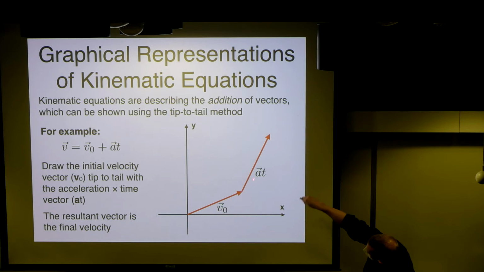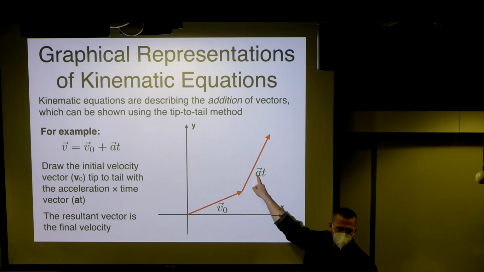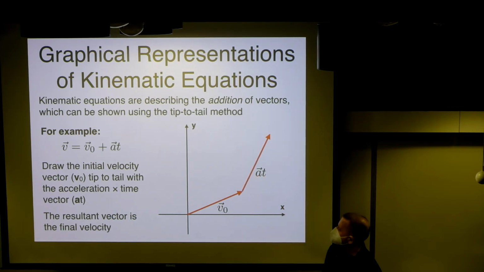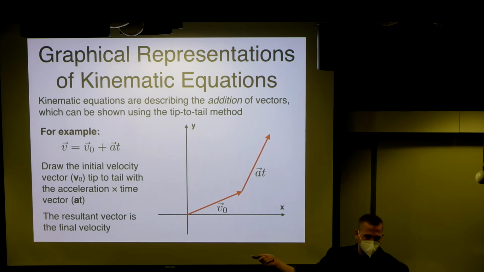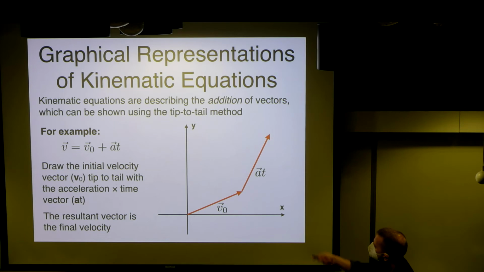Maybe it's going off at a steeper angle like this. So my vector at is just pointing in that same direction. Remember, if I have a vector a and I multiply it by some scalar, like time, I still just get another vector pointing in the same direction. Okay? So there's V naught and at connected tip to tail.